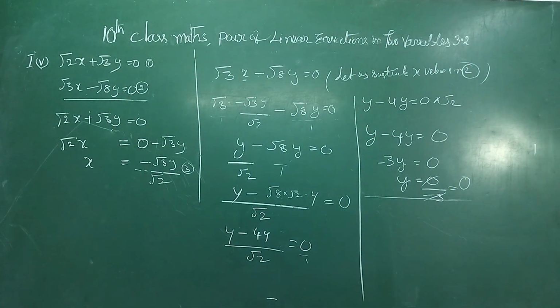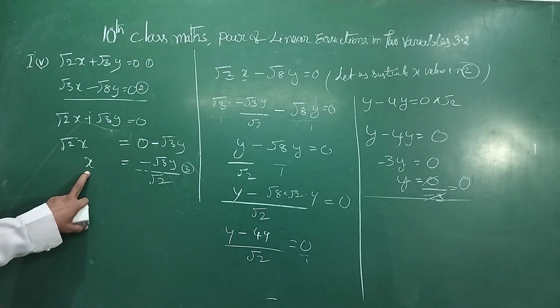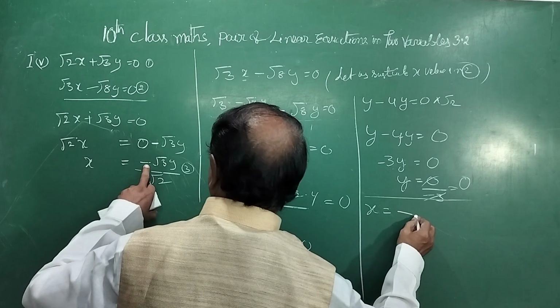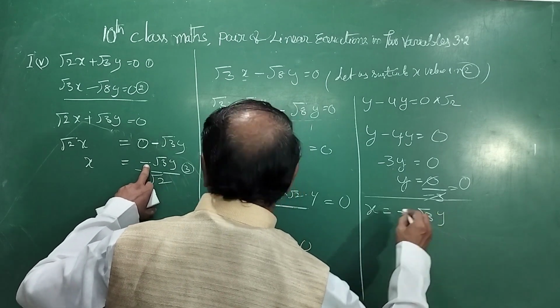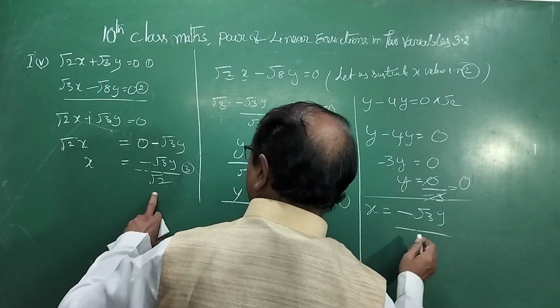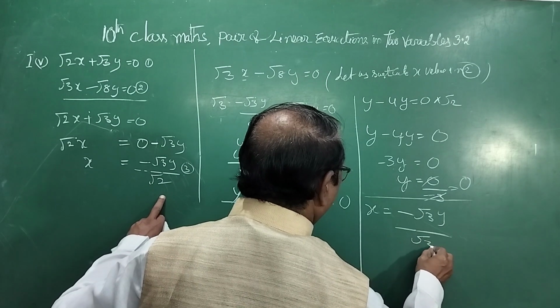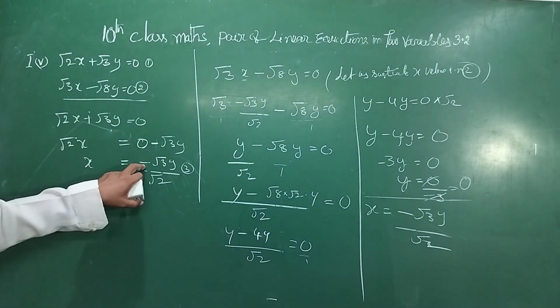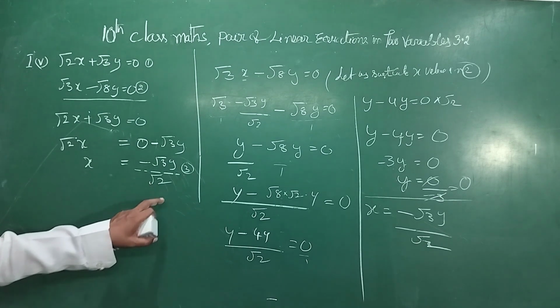Now we have to find the x value. What is the x value? x is equal to minus root 3y by root 2.